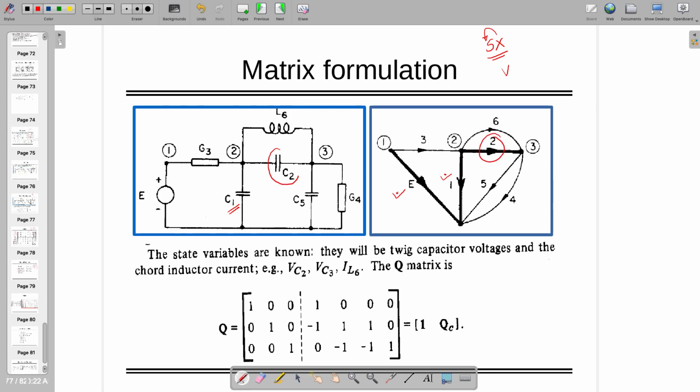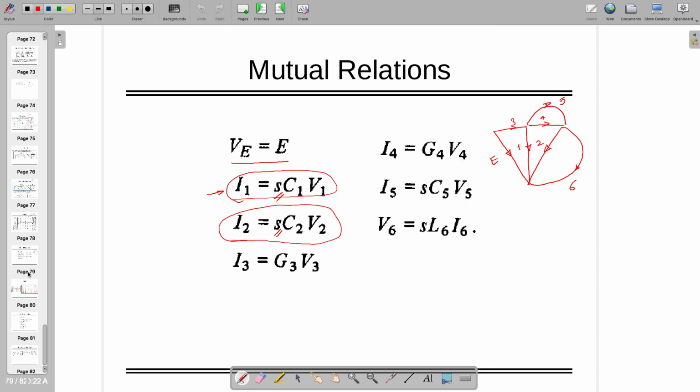Here it's SC2 times V2. V2 is the voltage, because of this edge we are giving number 2. Similarly, for I3, you are going to have G3 times V3. These are the transconductances.